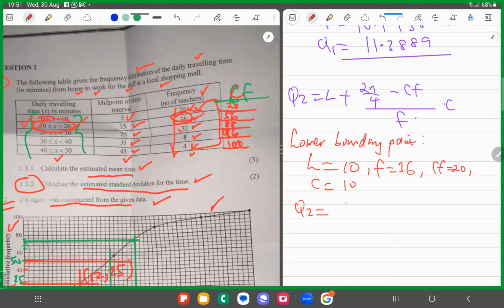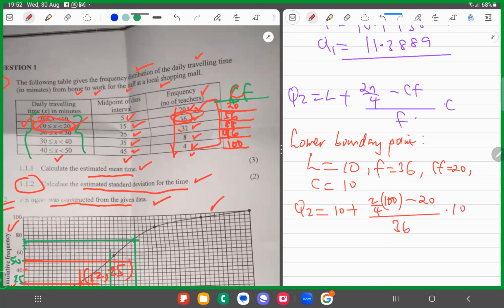So which means Q2 is L, which is 10, plus 2 over 4 into N, 100, minus CF. CF, the preceding one, is 20. And then we divide everything by the frequency, 36.